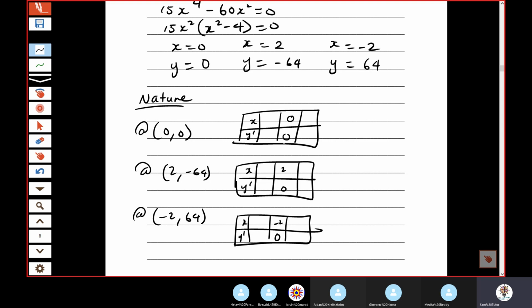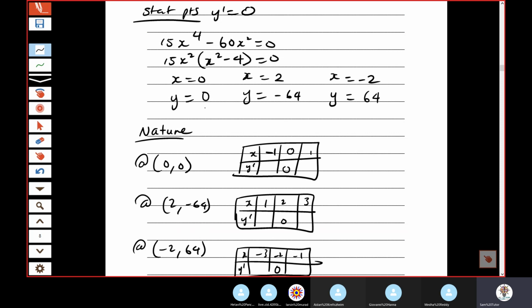Nikki, all good? Then we choose one number before and one number after. And where do we sub all these numbers in? Into y dash, into this guy here. All right, let's see. Negative 1, I can see you get negative 45.